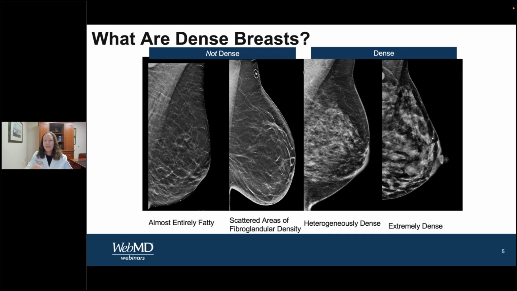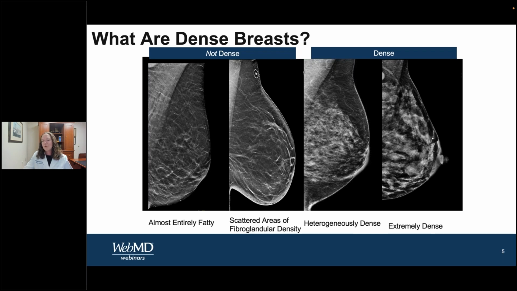Again, looking at these images, on the left-hand side of the screen, the least dense type of mammogram we label almost entirely fatty. Then the next category is labeled scattered areas of fibroglandular density. The next category is heterogeneously dense breast tissue, and the most dense category is extremely dense breast tissue.